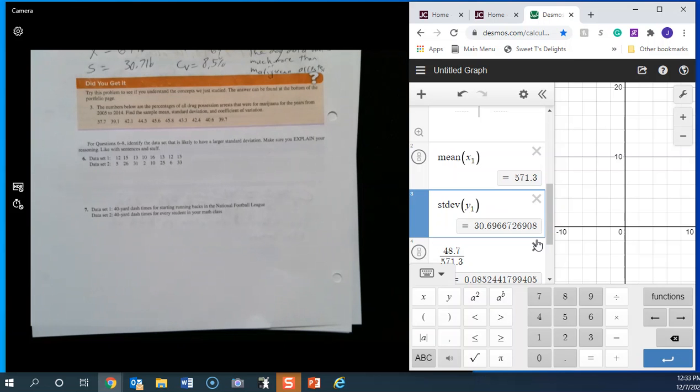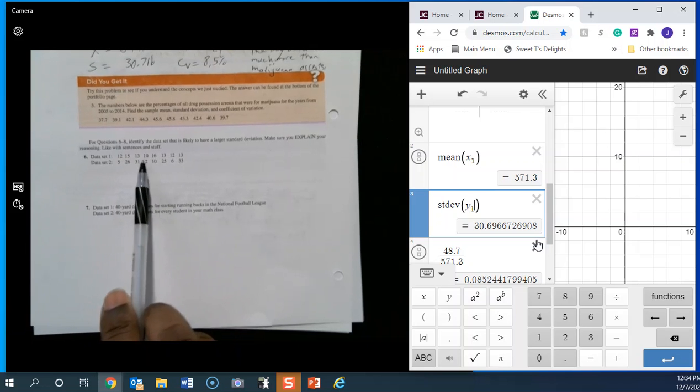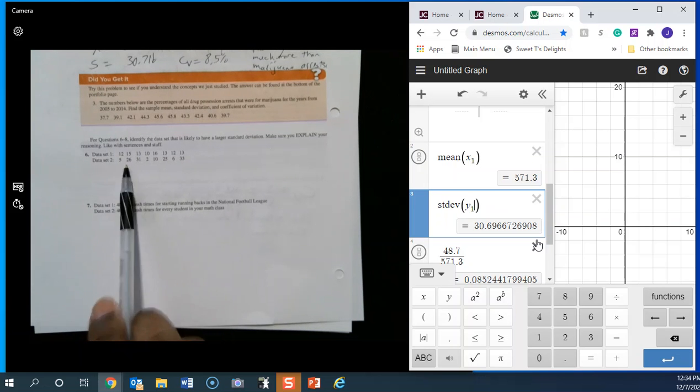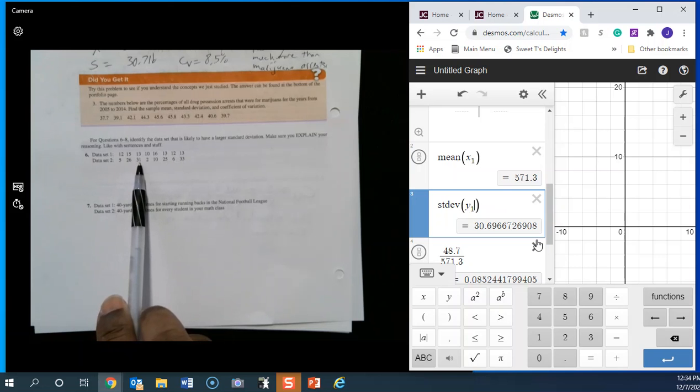Now, if you look at data set 1, these numbers are real close together. Even the highest number is 16 and the lowest number is 10. They're not that far apart. But if you look here, the highest number is 31 and the lowest is 2.